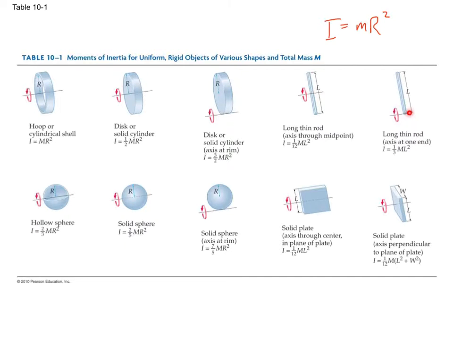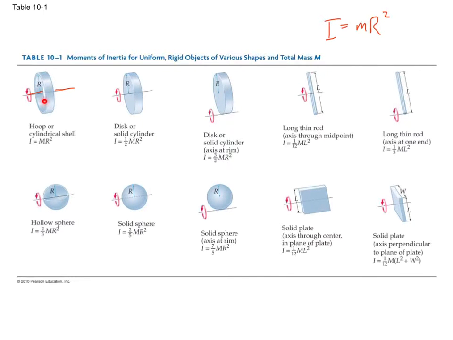If you've got a cylindrical or hollow shell, a hoop, where's all the mass? The mass is not centered near the axis of rotation. There is no mass right at the axis of rotation. It's hollow in there, but the mass is all distributed at some distance r from that axis of rotation.